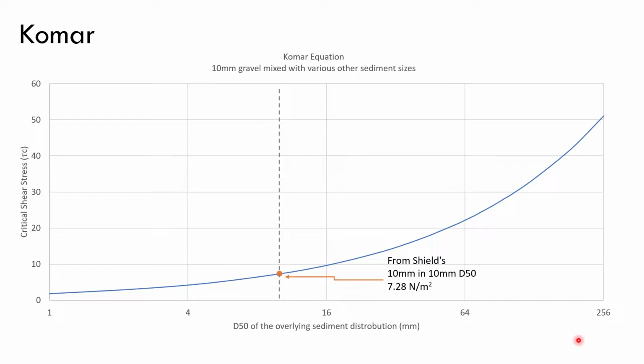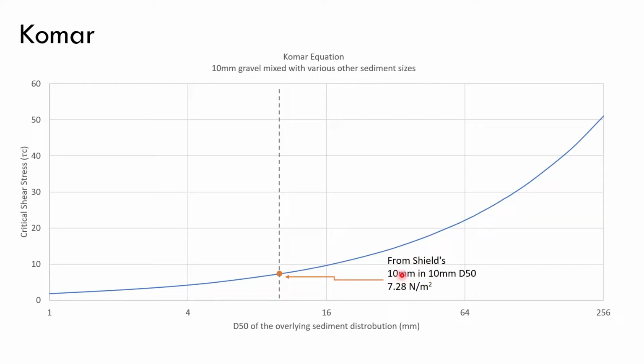The orange spot right here in the middle is if we had a 10 millimeter piece of gravel in a grain size distribution with a 10 millimeter D50. If you work that out, it's exactly the same as the original equation we had in Lecture 7, and we get a value of about 7 newtons per meter squared as the critical shear stress needed to move that piece of sediment.